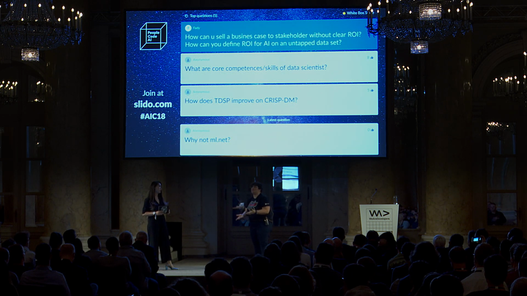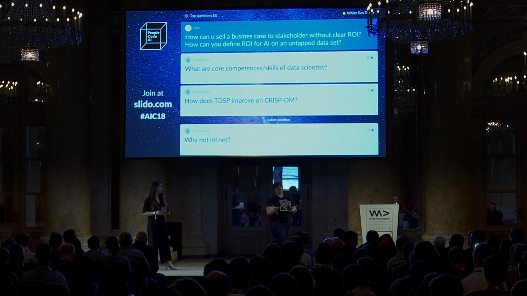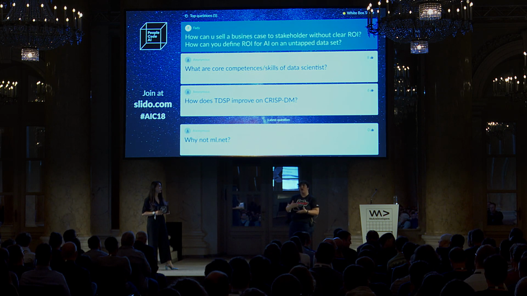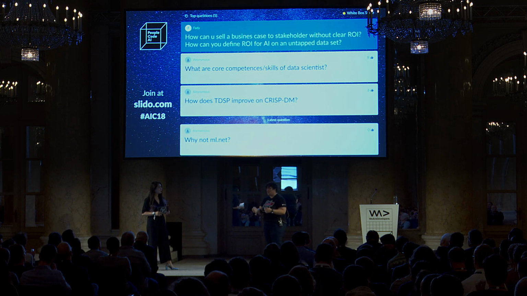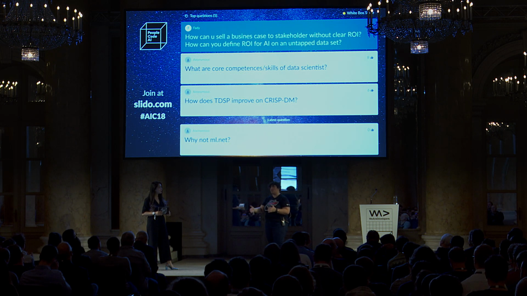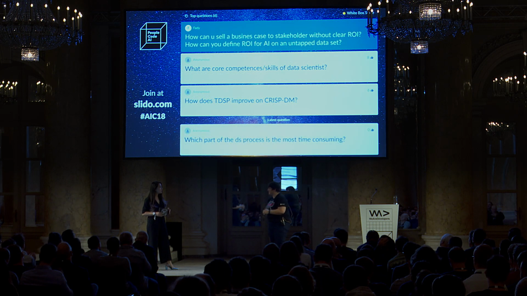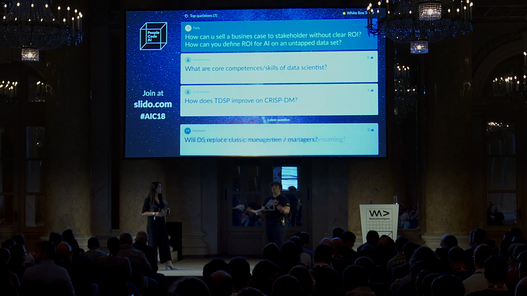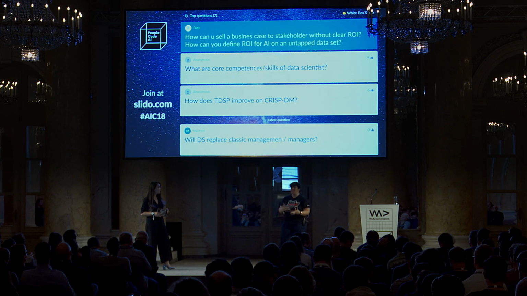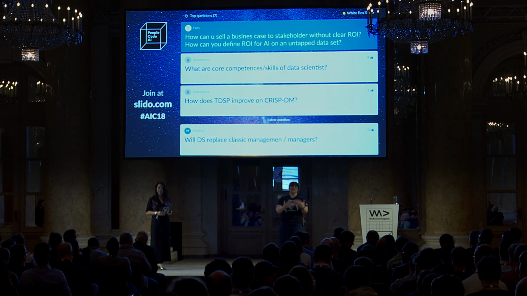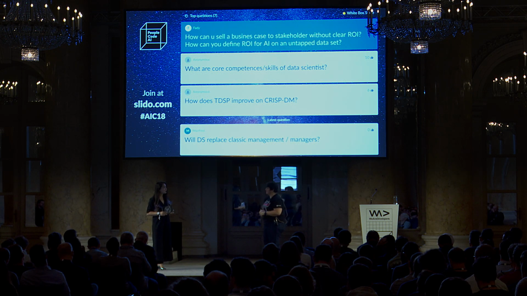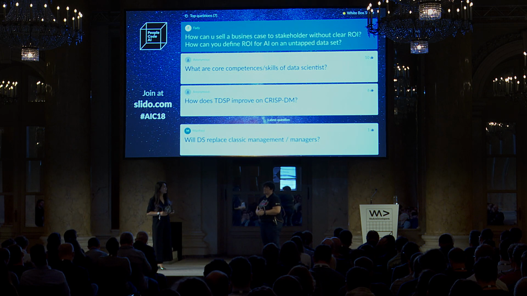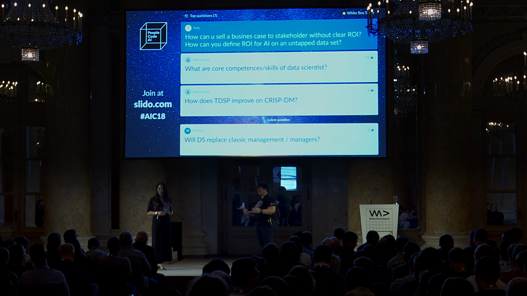It's difficult to convince a stakeholder, but what you need to talk about with the stakeholder is how they can improve the process, something that usually is an automatic process, or, as Chris said this morning, a boring job, something that is repetitive. So usually the advantage is this one, and you can scale it up in different business applications. For the AI on an untapped data set, I don't know. The second one, I don't know how to answer.